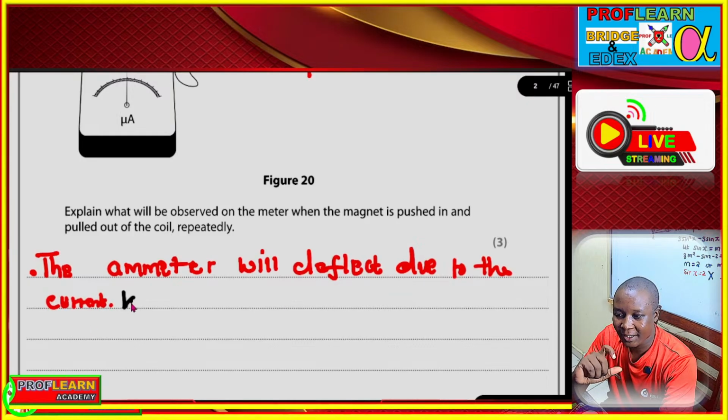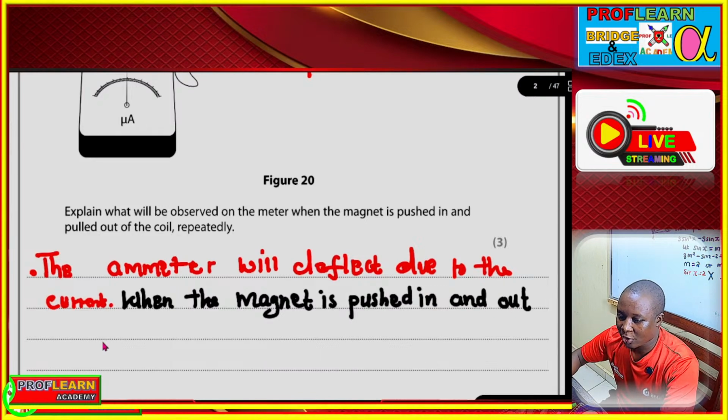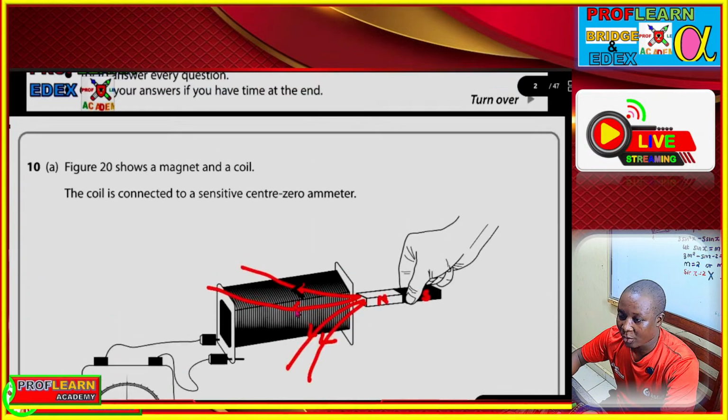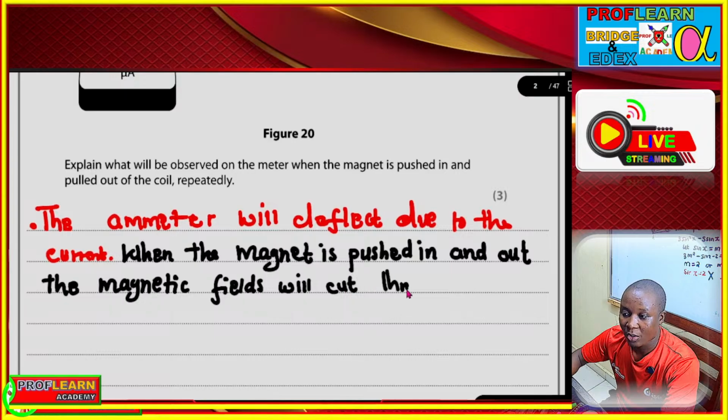And why is current detected? When the magnet is pushed in and out, the magnetic fields are going to cut through the conductor or the coil.